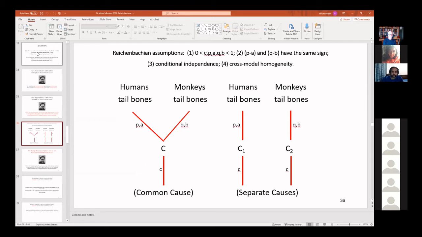Would you like me to walk through the explanation of what these assumptions say? Is that what the question was? Yes, sir. If it's too much trouble, then could you please? No, it's not trouble.